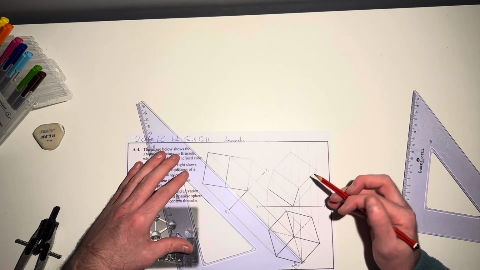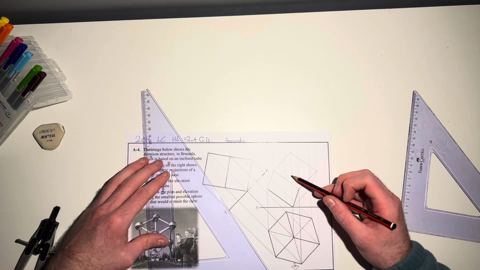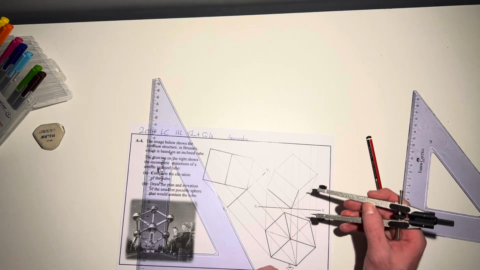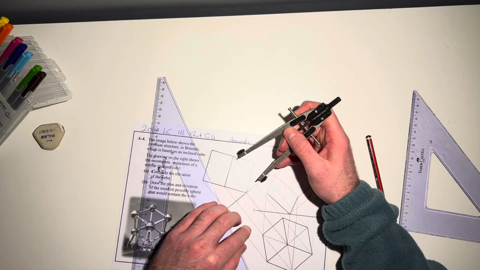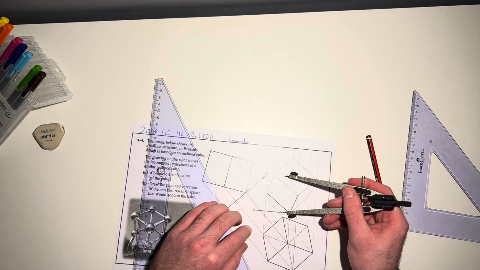Now all I want to do is find the hidden detail in this shape. So I need to find this back point. So for this height, should probably already have it in. Just here.